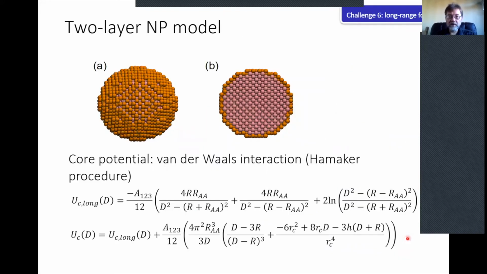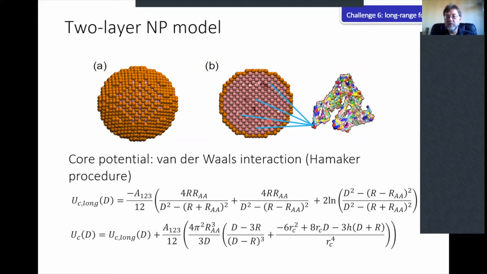Okay, for a nanoparticle, it's a two-layer model. The surface is modeled using the potentials of mean force from atomistic simulation, but the bulk is modeled using Lifshitz theory. So we use the Hamaker procedure. We simply integrate the interaction between each amino acid and the bulk atoms. So we don't calculate it pairwise for each pair of atoms.